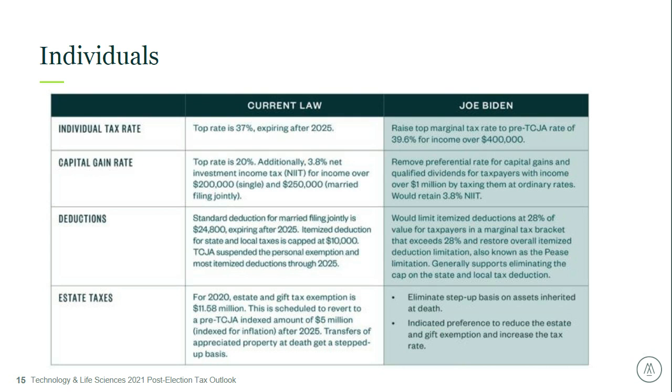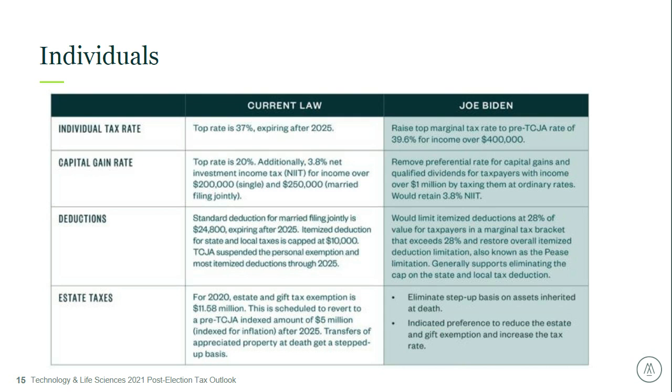Deductions: currently under the TCJA, they increased the exemption to 24,800, and it put caps on or eliminated certain itemized deductions. So it put a cap on state and local taxes at $10,000, as many of you well know, and it also suspended many itemized deductions, especially the miscellaneous itemized deductions.